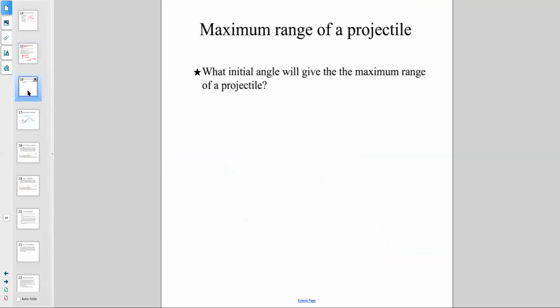Okay, so maximum range of the projectile. What initial angle will give the maximum range of the projectile?